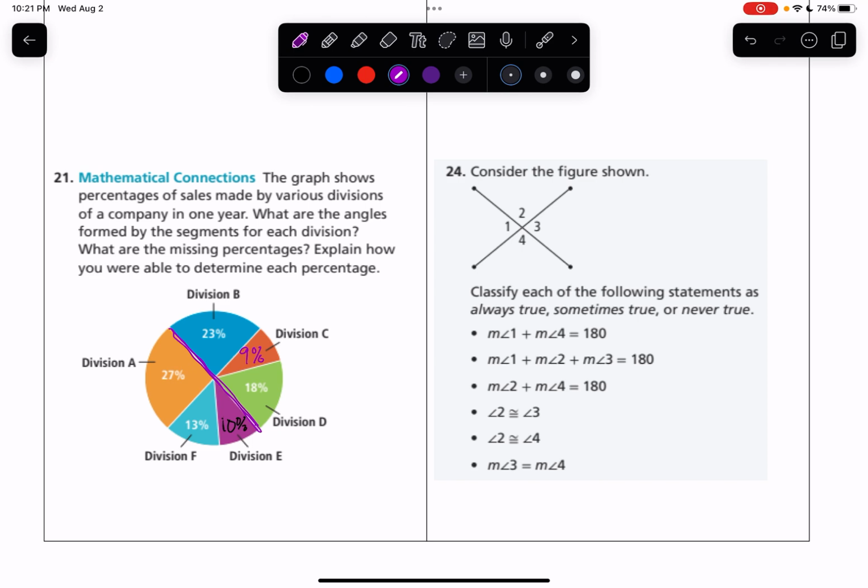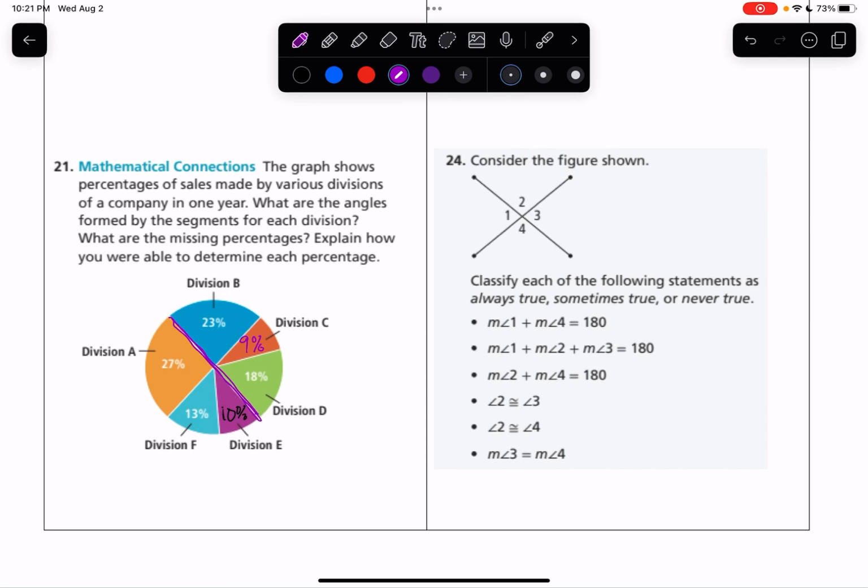So now that I've got my percentages, I want to go ahead and find the actual angles. And that's where I'm going to use the number of degrees in a circle, which of course is 360 degrees. So for each of these numbers, I'm going to do the same calculation. We'll start with division A, and I'll say, it's 27%, so it's 0.27 of the whole thing, multiplied by the number of degrees in a whole circle, 360.